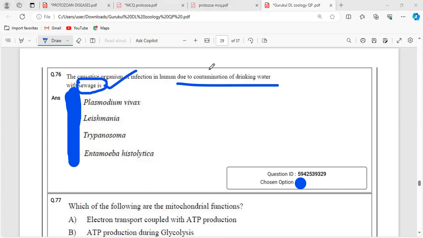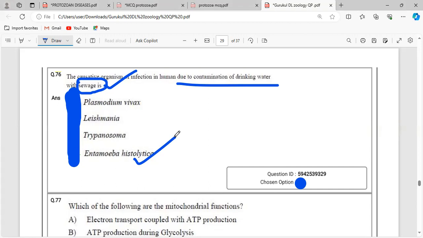Plasmodium vivax, we know how that is transferred, through unhygienic conditions. But contamination of drinking water with sewage is caused by Entamoeba histolytica, which gives us amoebic dysentery. If we get contaminated with any sewage, our body will eliminate it from our system, and that is called dysentery.